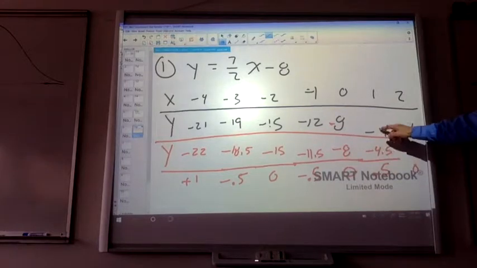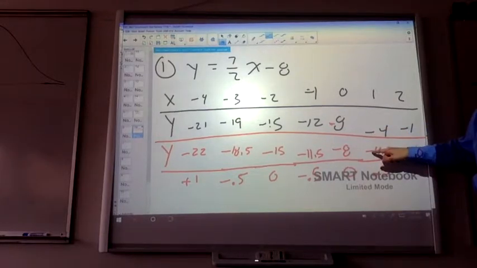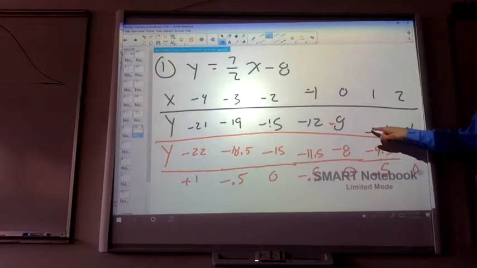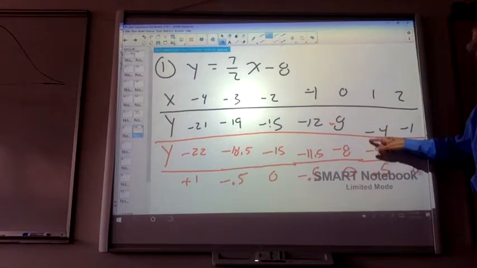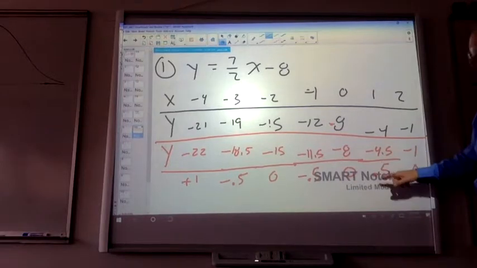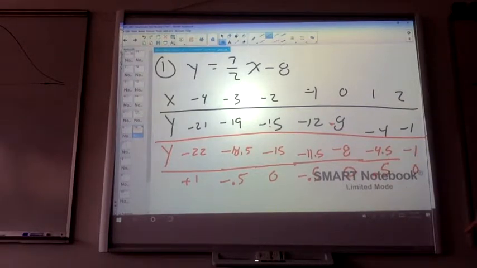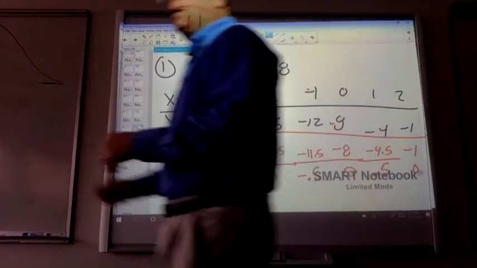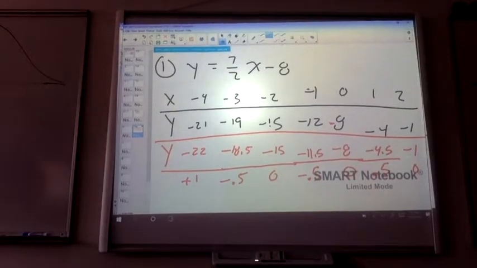Oh, it's negative 4.5 minus negative 4.5. So this would be minus minus, which is plus, so it becomes negative 4 plus 4.5, which gives you negative 0.5, right? Yeah. Negative, okay. I'm sorry, I didn't mean to goof you up. Good call.